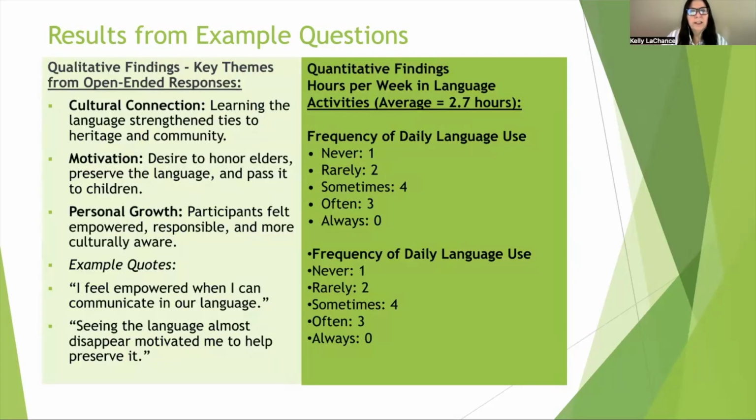So let's take a look at these results from example questions. Let's look at these qualitative findings. These are examples of key themes from an open-ended question. There are 3 themes here: cultural connection, motivation, and personal growth. Looking at cultural connection, we see that learning the language strengthens ties to heritage and community.